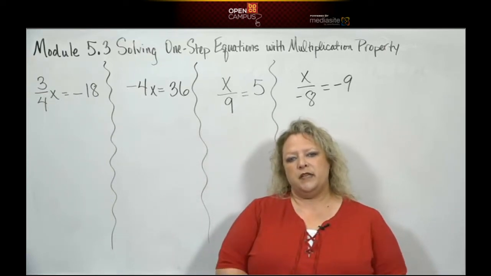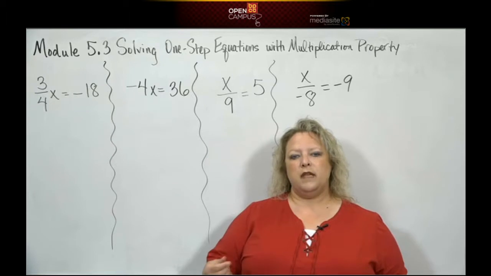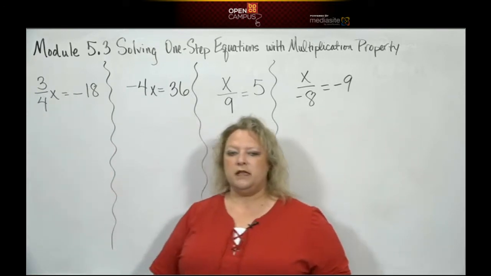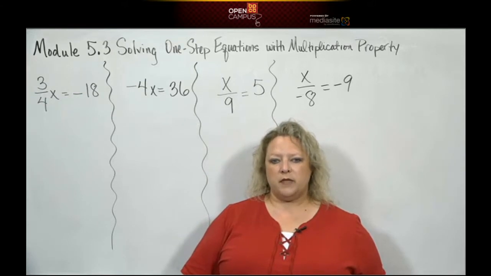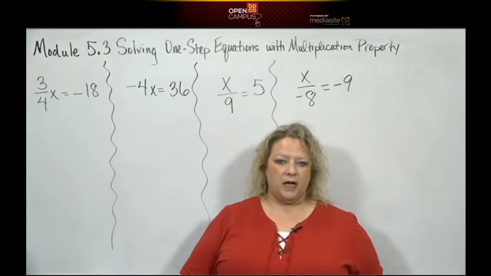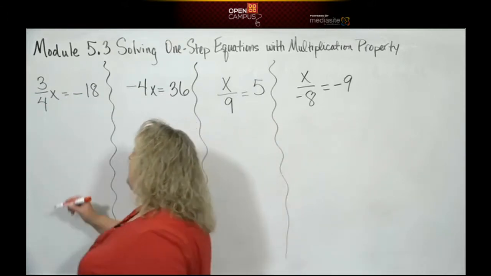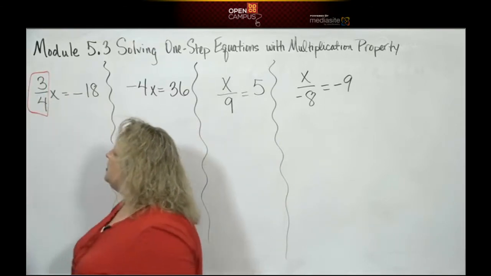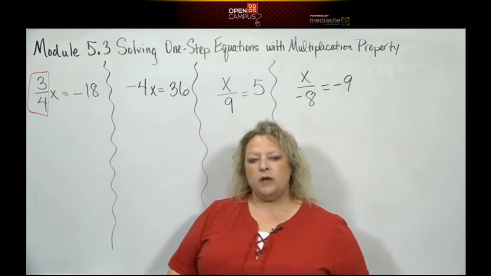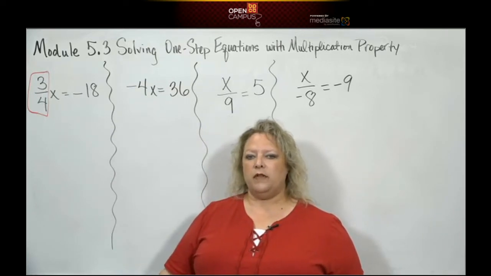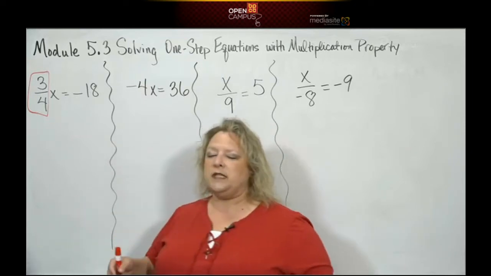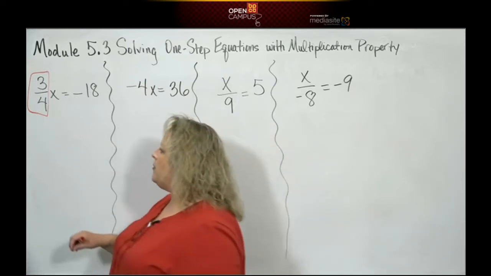Well, the first thing I'm going to do is do the opposite. So the opposite of multiply is to multiply by the reciprocal, or to divide by that fraction. So if I take my original coefficient, 3/4, and I want to multiply by the reciprocal or the inverse, or I want to do division, they're all representing the same operation.